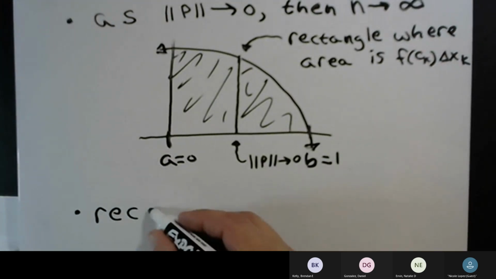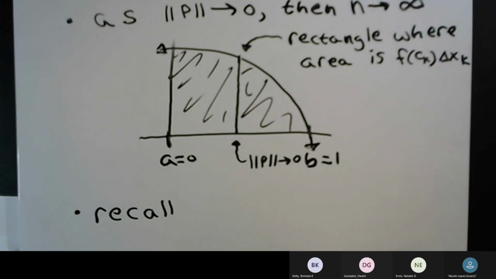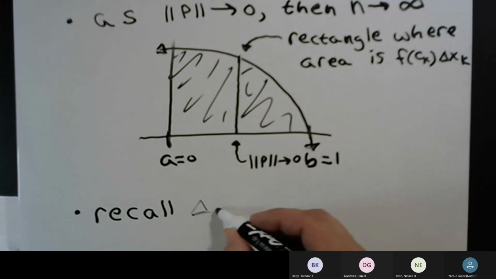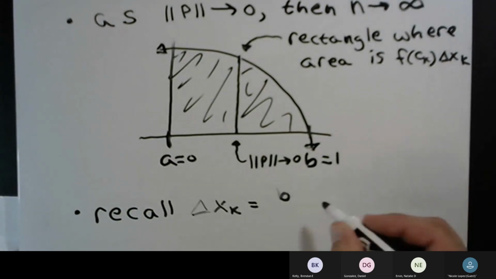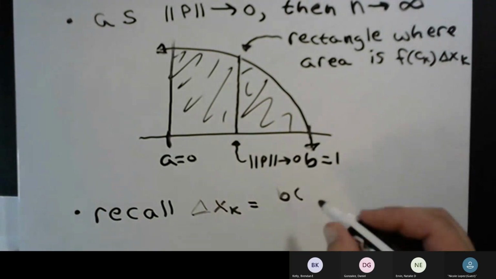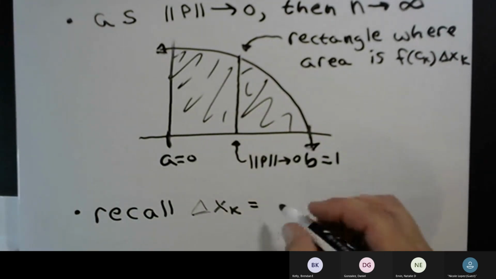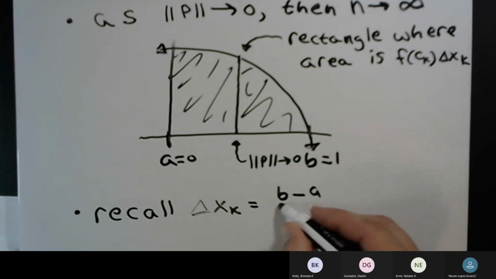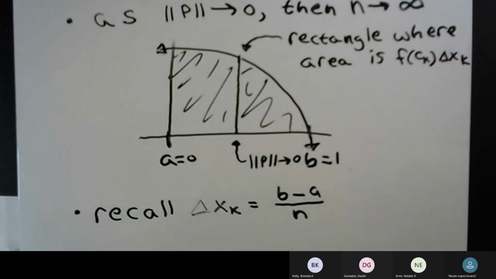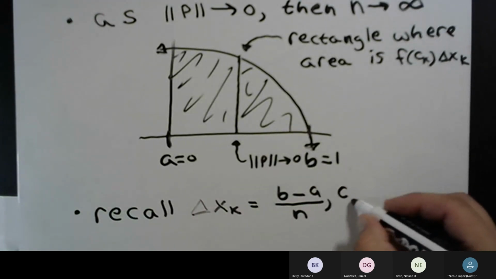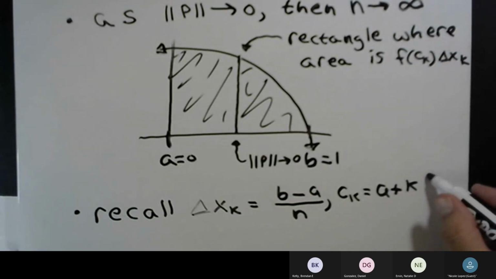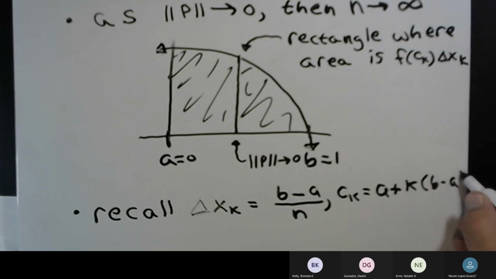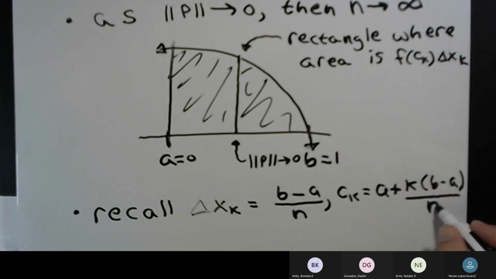So recall, now we're getting back to our Riemann sum. Delta xk. We did go with a fixed width delta xk, and then we said ck would be a plus multiples of delta xk.